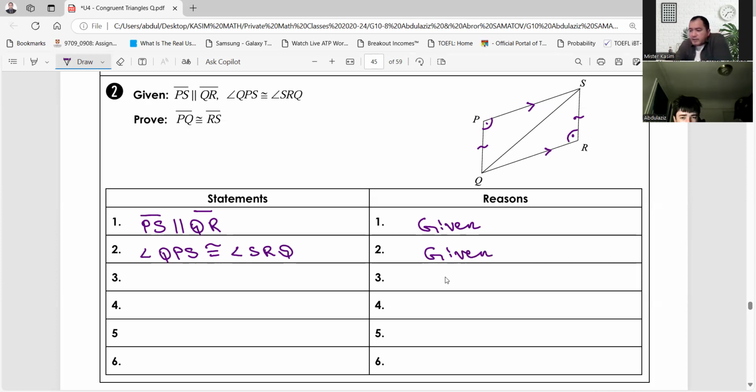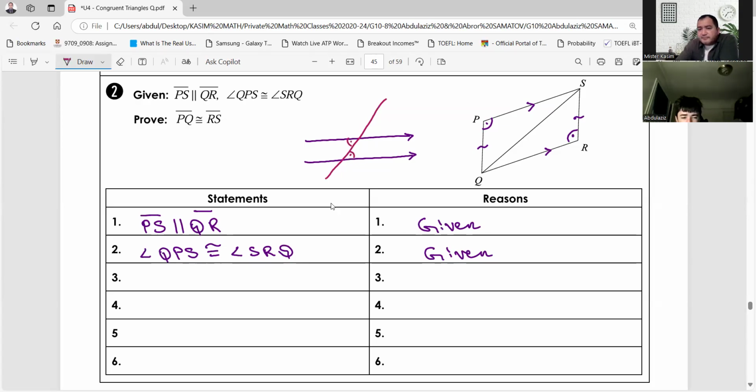And now, if you remember about parallel lines, that is the fundamental theorem in geometry. If you draw a transversal, it says that these angles are called alternate angles.